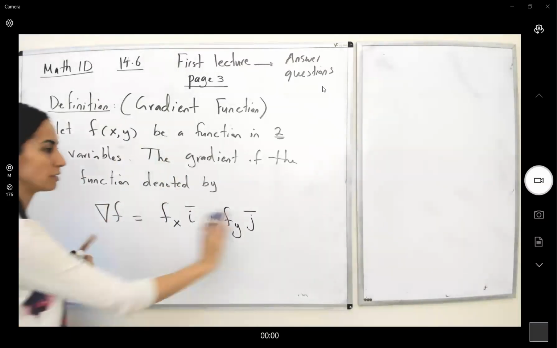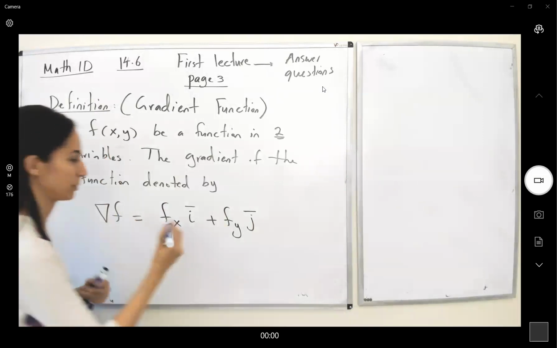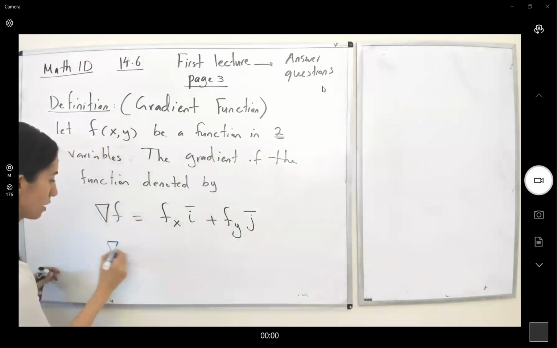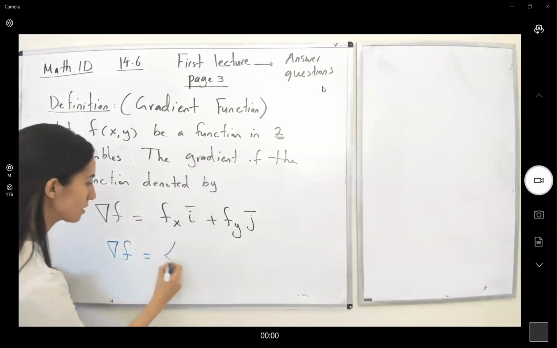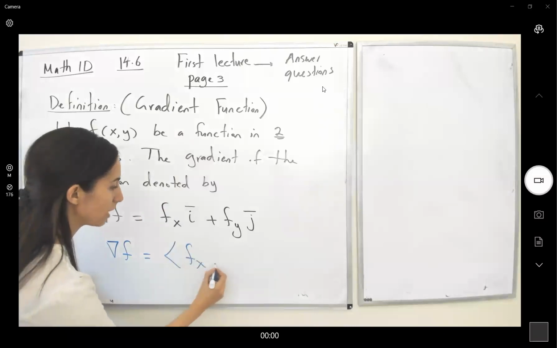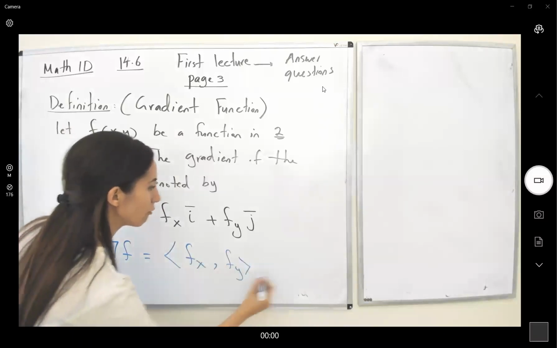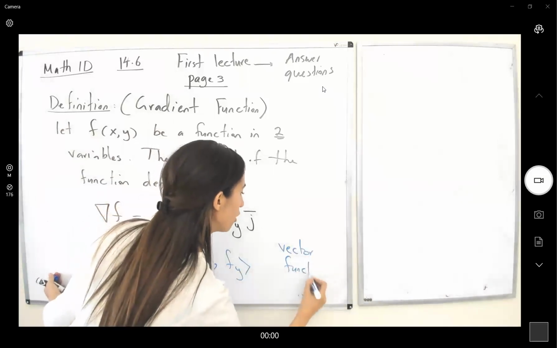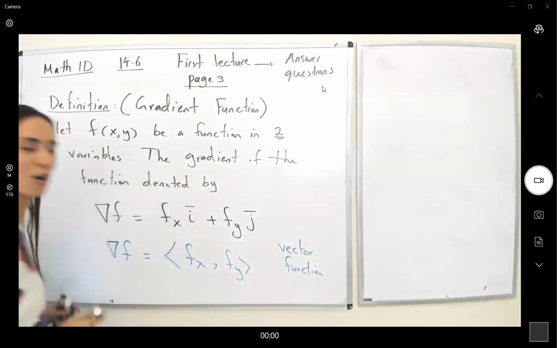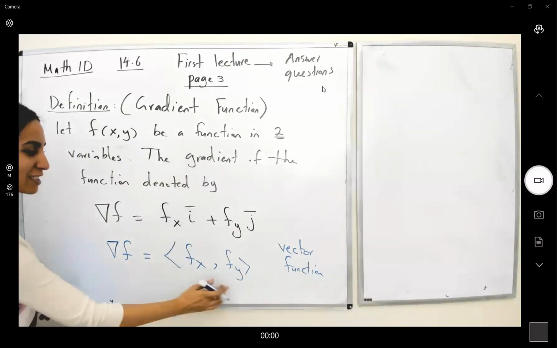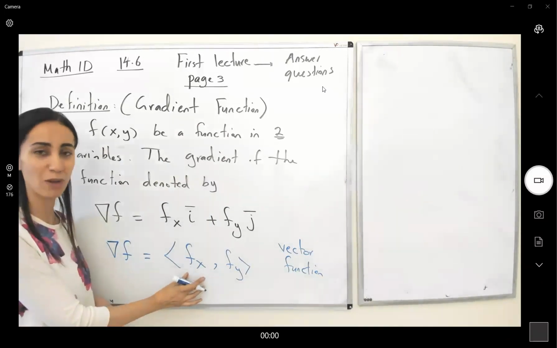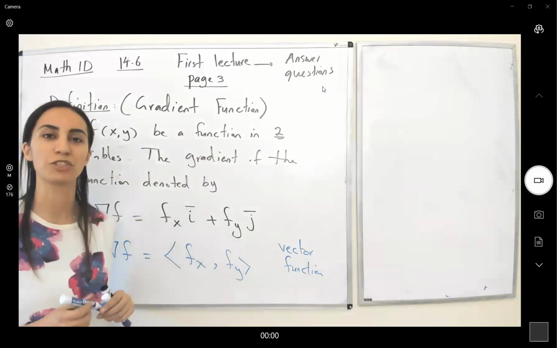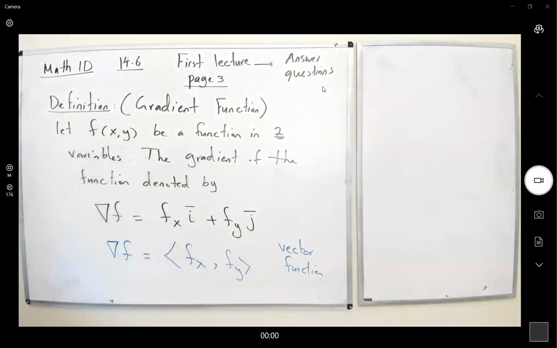Note that this is a vector function, so you can define the gradient of the function as a vector (f sub x, f sub y). A vector function with two coordinates: the partial derivative of f with respect to x, and the partial derivative of f with respect to y.